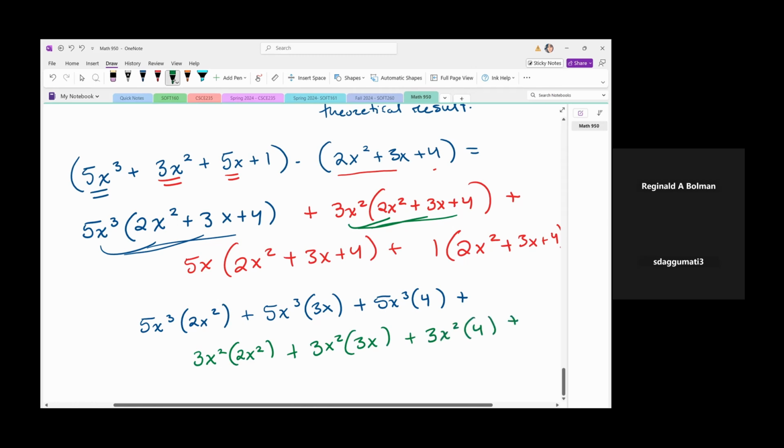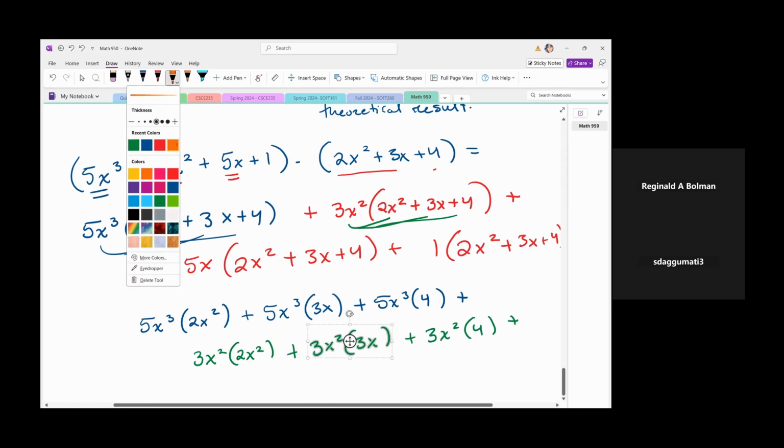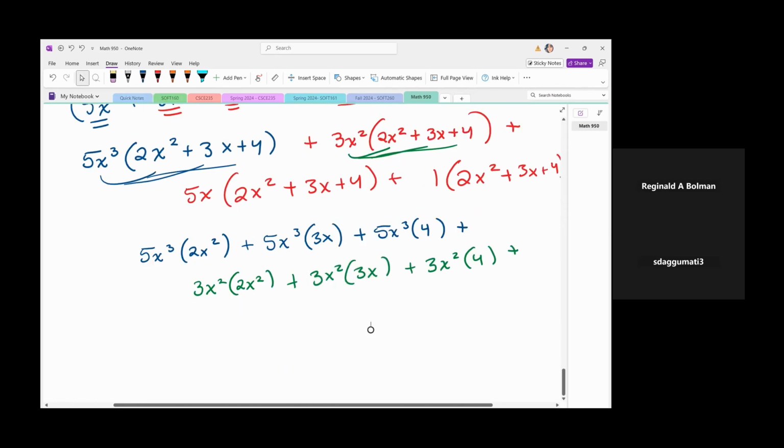And of course, this will be added with 5x, which will be distributed through the entire second set of parentheses.